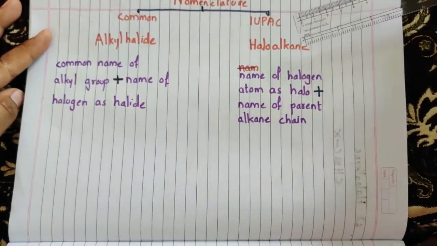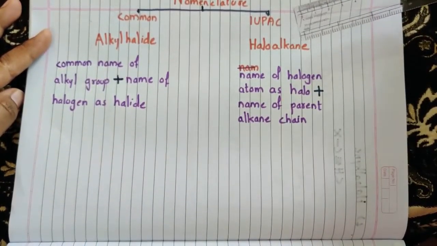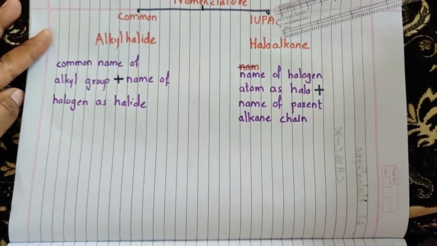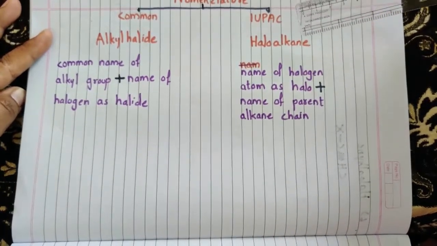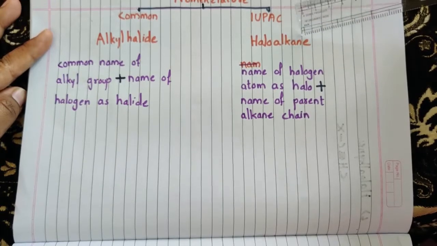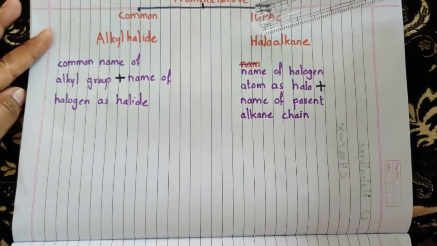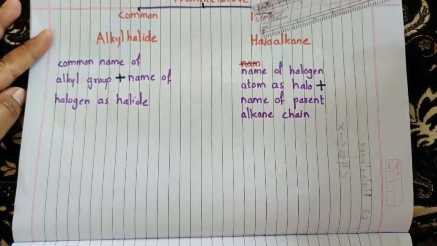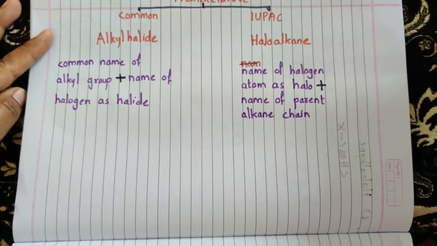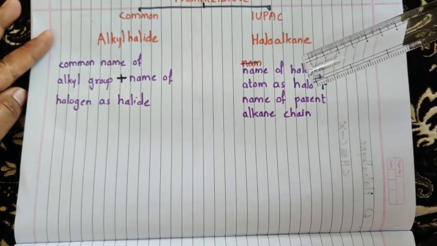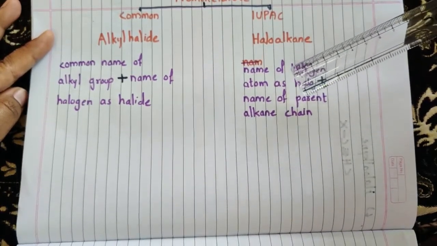Okay, in IUPAC system, we first mention the name of halogen followed by the name of parent alkane. Again the halogen will be named as halo. It means if iodine is there you will name it as iodo, if chlorine is there you will name it as chloro, and likewise. Then you will write the name of your parent alkane.